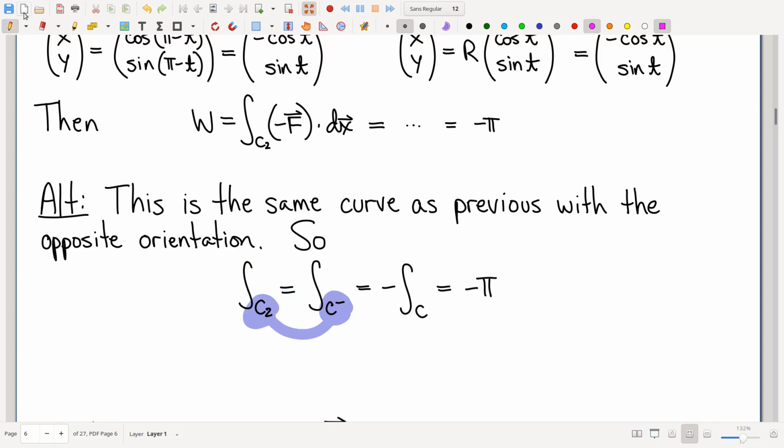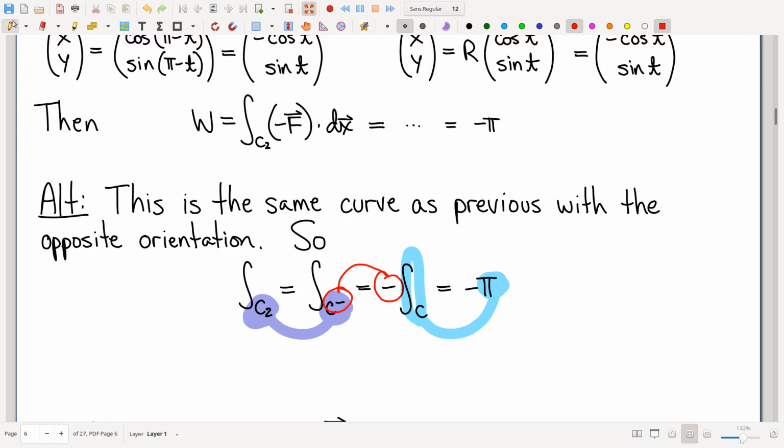We recognize that when you go the opposite direction, you just get the opposite value. And we've already previously computed that on the original counterclockwise orientation, the answer is pi.